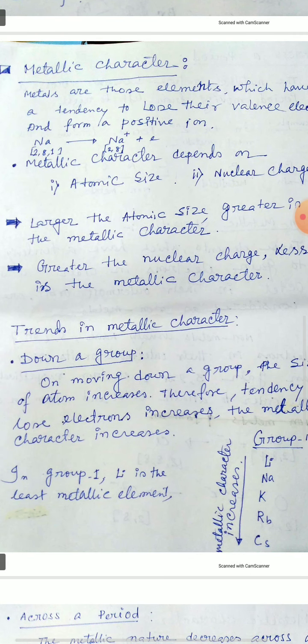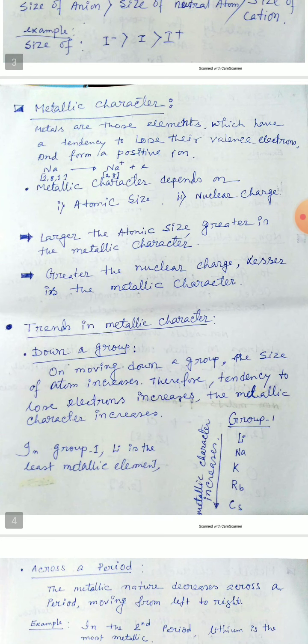So how to identify whether an element is a metal or non-metal? The simple technique is: metals are those elements which have a greater tendency to lose their valence electrons, and as they lose electrons, they form cations, that is positive ions.